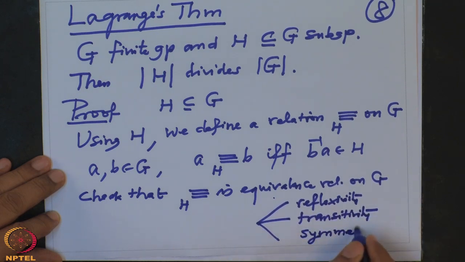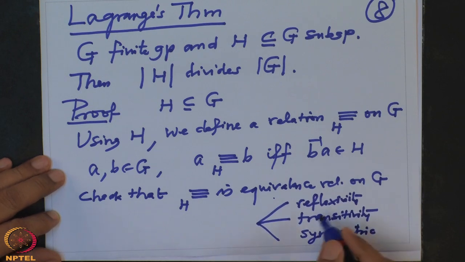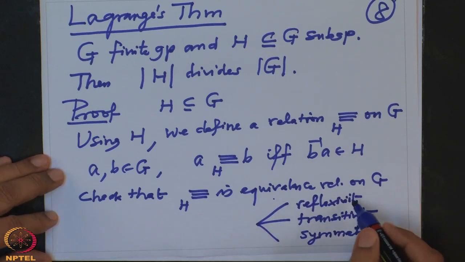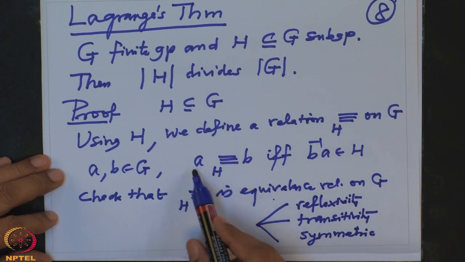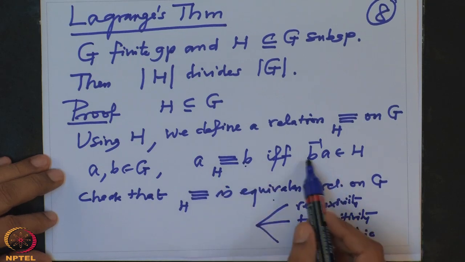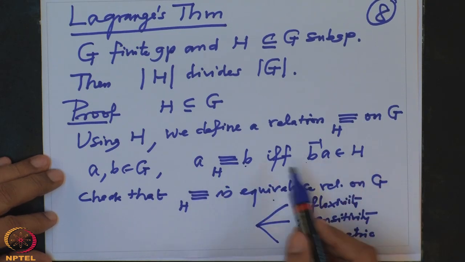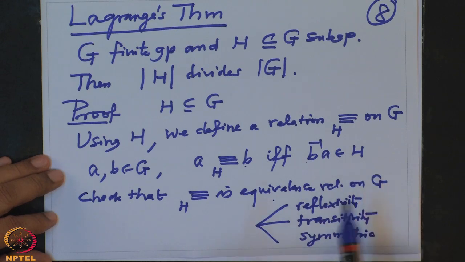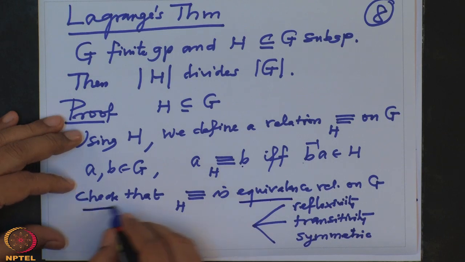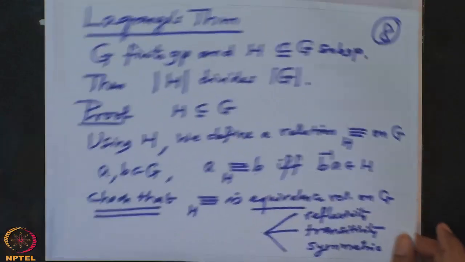I will not go into this detail. Reflexivity simply means that A is related to A, that means A inverse A belongs to H, which is very clear because A inverse A is the identity element. Similarly for symmetry and transitivity. I will leave it for you to check that it is an equivalence relation on G.